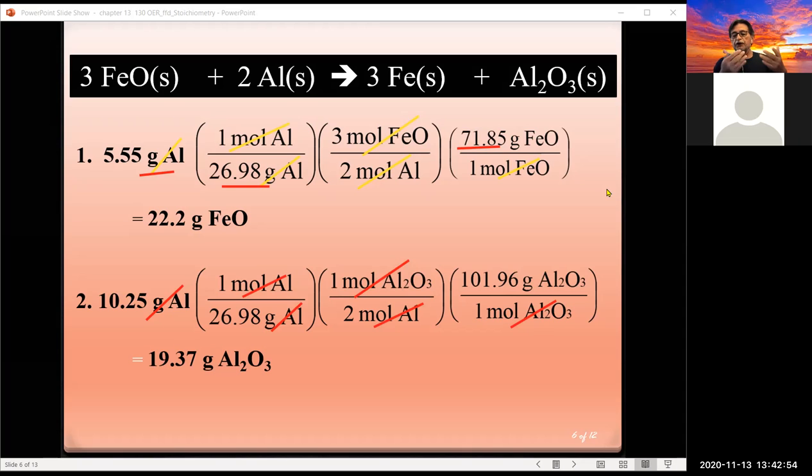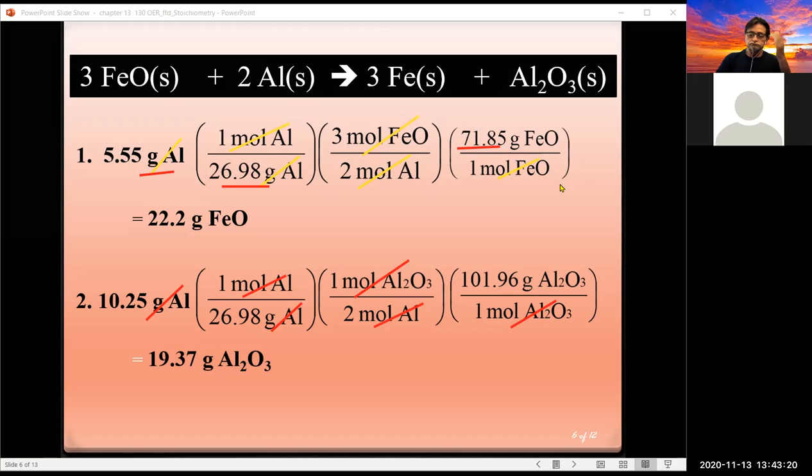But this is the theoretical amount that one should calculate to receive if, in fact, you start off with 10.25 grams of aluminum. Okay. The same is true for example number 1, that 22.2 grams is the calculated theoretical amount needed for this reaction.